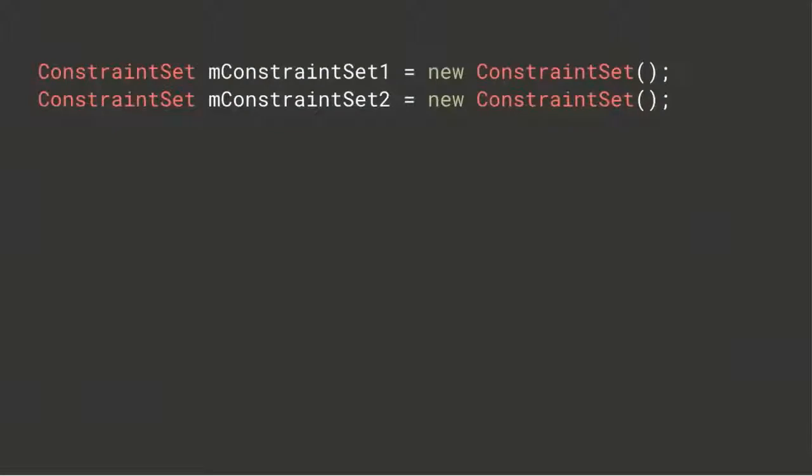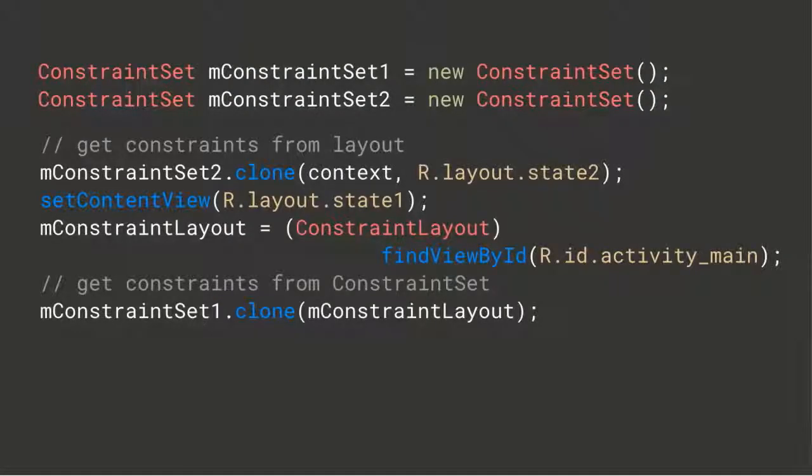So in this example, I create two constraint sets. And I grab a constraint set from a layout file, and I put another layout on the screen with set content view.